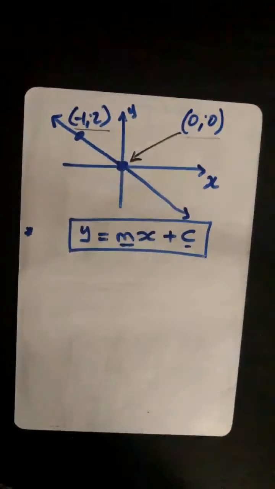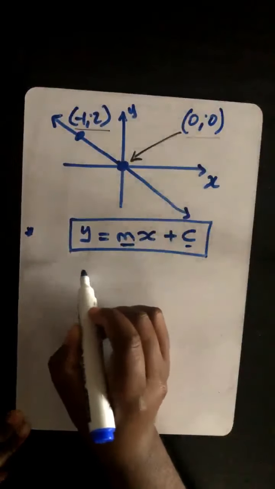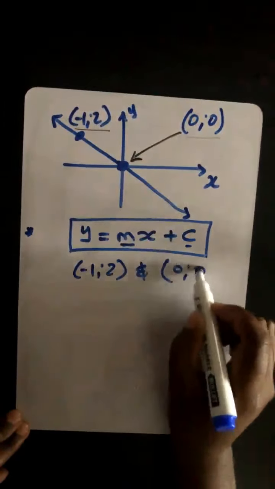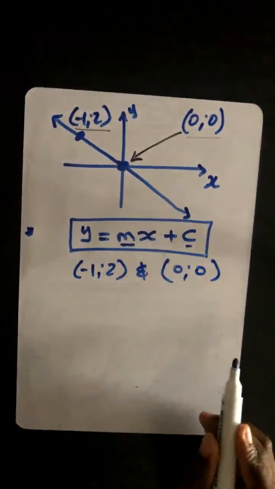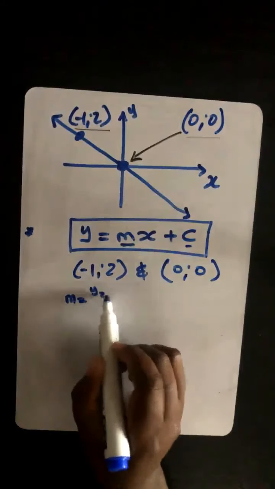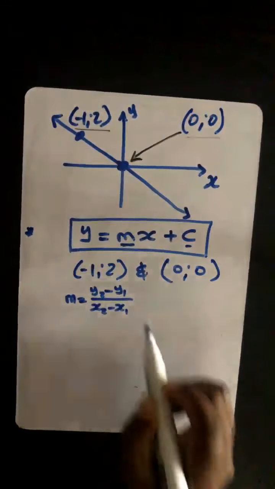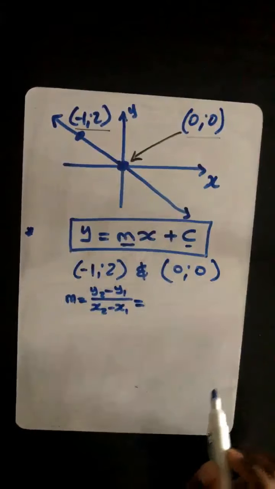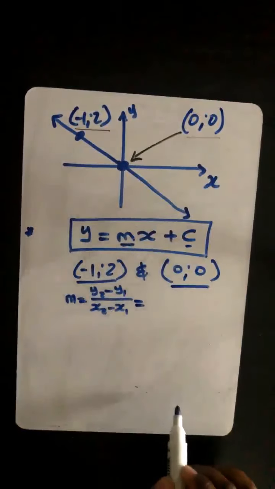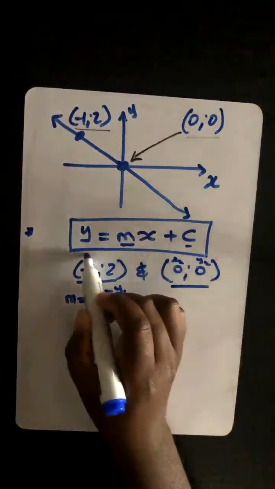So let's see. How many points do we have? We said we've got 2 points. What are those points? So we have -1, 2, and again, we have 0 and 0. So let's see. We firstly calculate the gradient. We know it's y2 minus y1 divided by x2 minus x1. So let me say this one as x2, y2, and this one x1, y1.